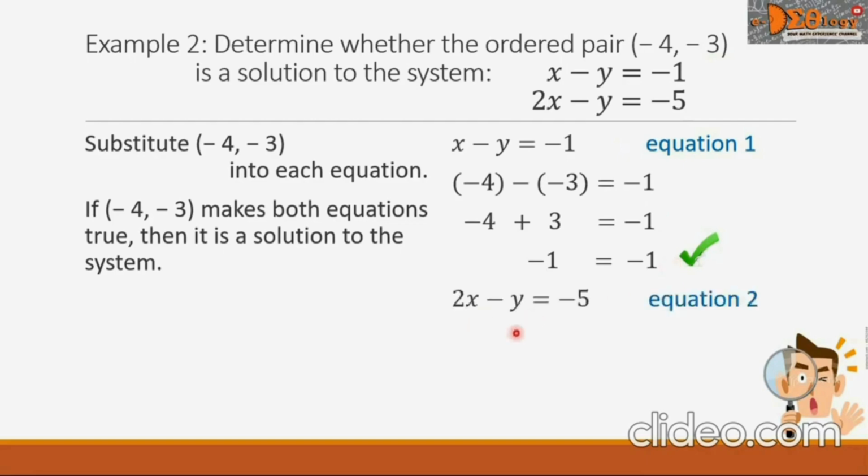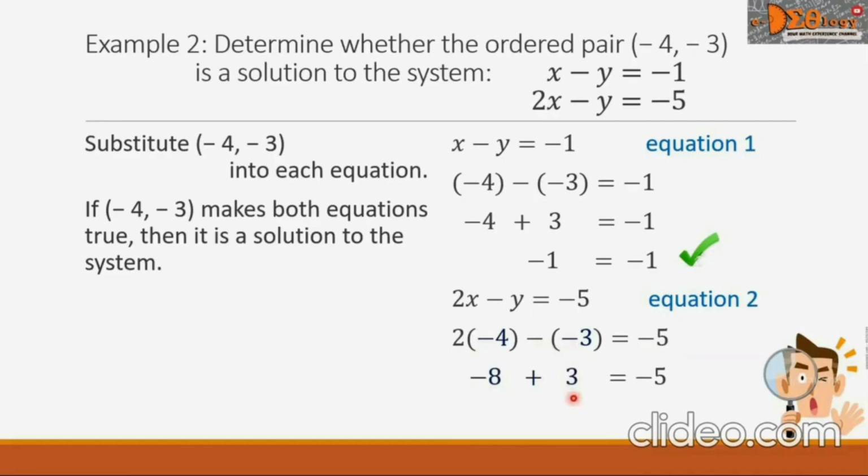The 2x minus y equals negative 5. Let us substitute the ordered pair (-4, -3) respectively. So we have now 2 times the x, which is now negative 4, then minus the y, which is now negative 3. And this must be equal to negative 5. Simplifying the left side, 2 times negative 4 is negative 8. And this negative and negative becomes positive.